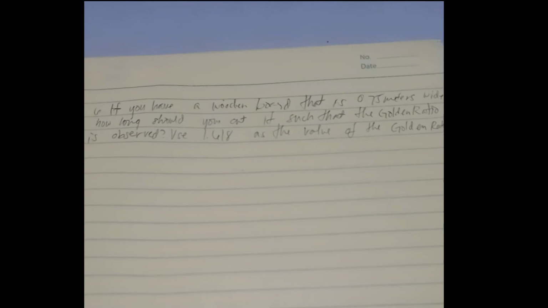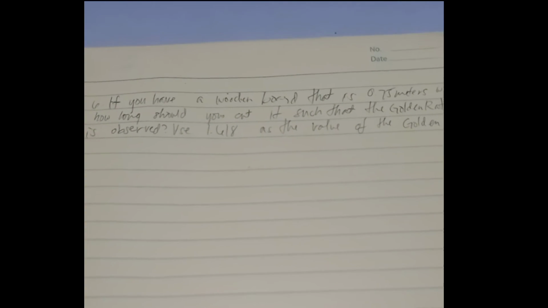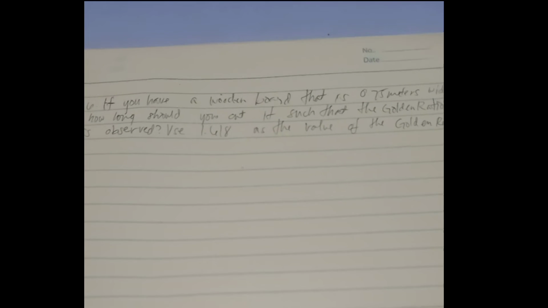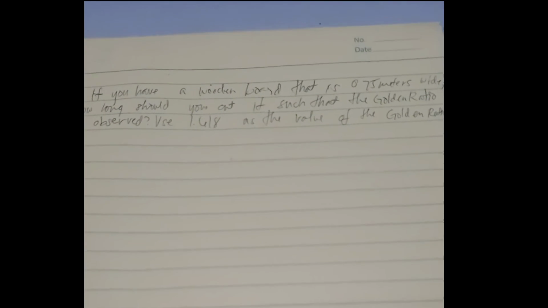So question number 6. If you have a wooden board that is 0.75 wide, how long should you cut it such that the golden ratio is observed? Use 1.618 as the value of the golden ratio.